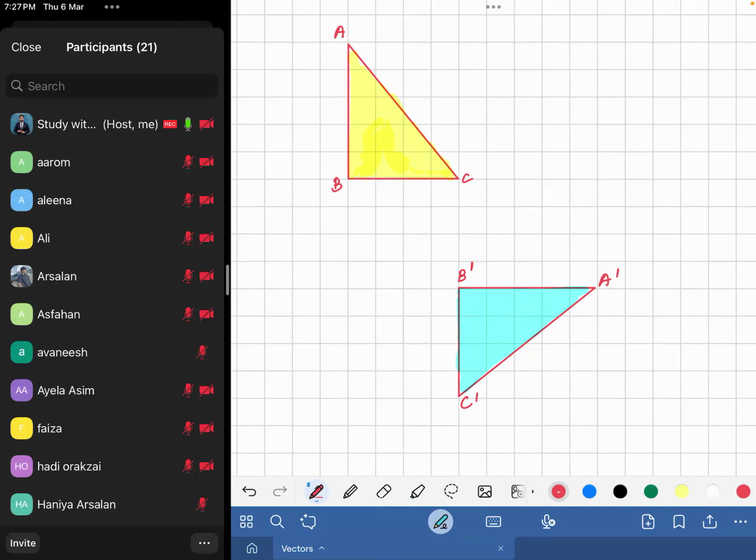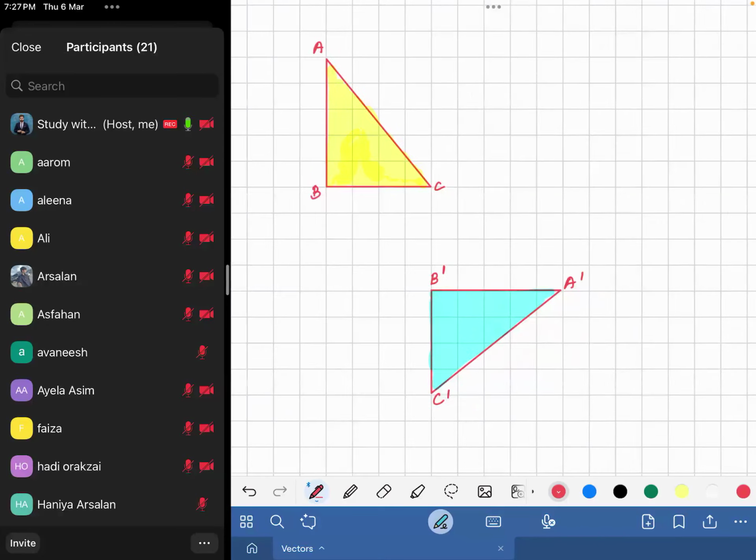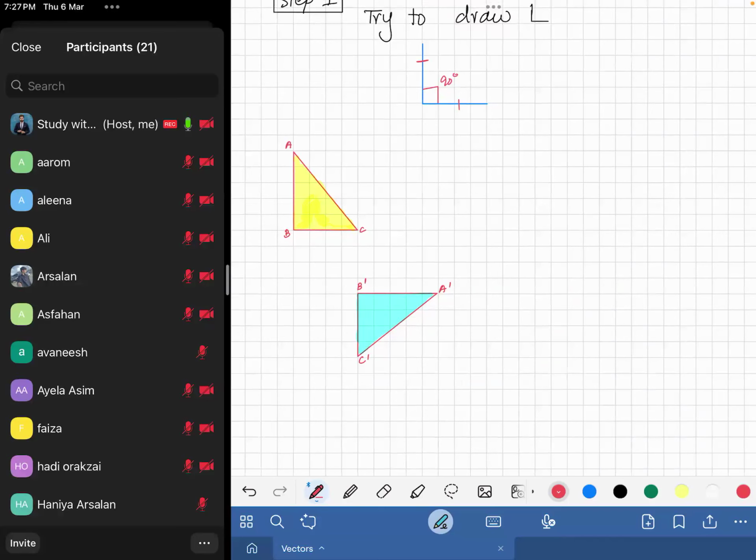If you are in doubt whether it is a 90 degrees rotation or not, or whether it is a rotation or a reflection, let me write here because this is important for the notes making.